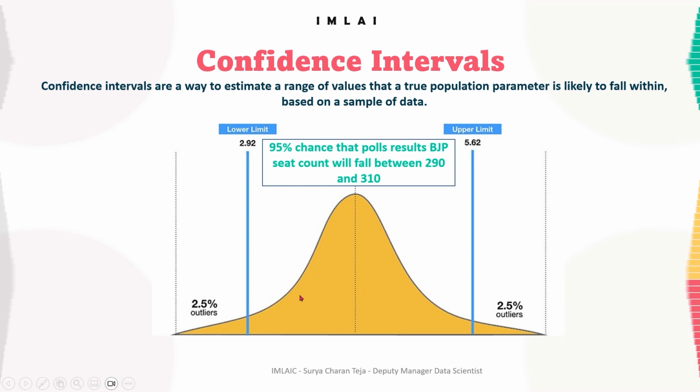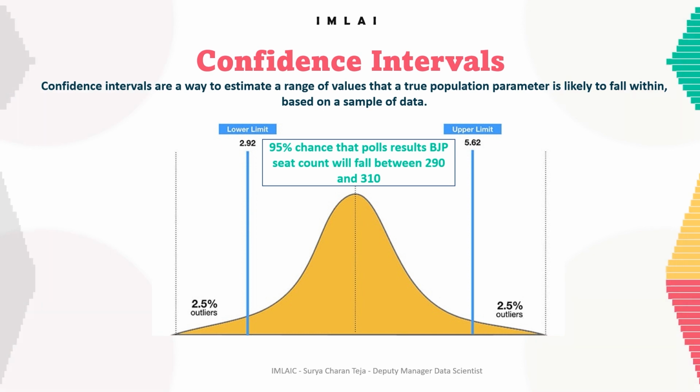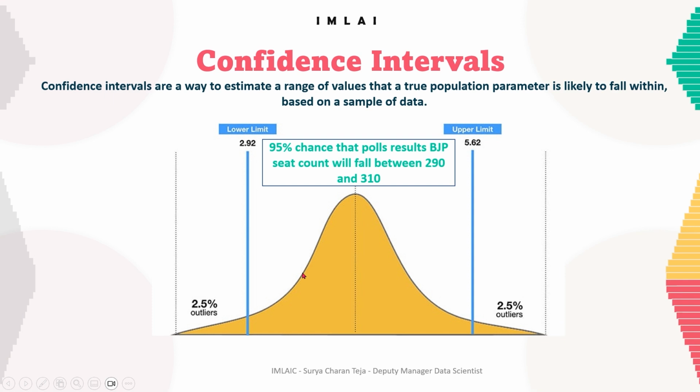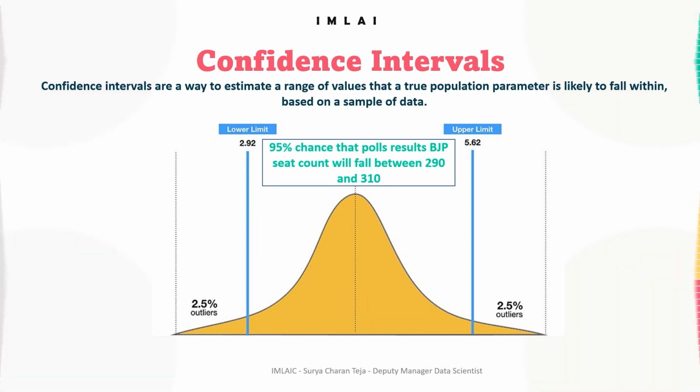So this means that if you repeated the sampling process many times and calculated a confidence interval for each sample, you would expect 95% of those intervals to contain the true average height of all people in the country.